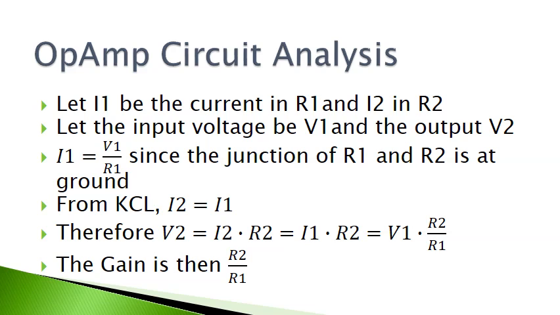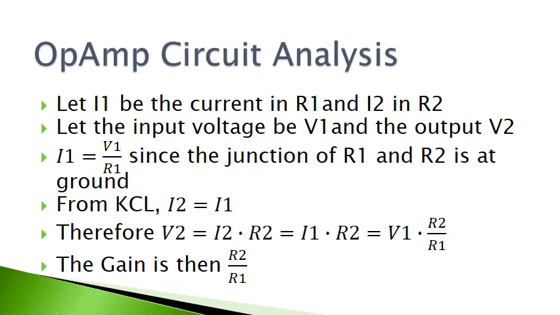Recall that the positive terminal is at ground and the negative terminal is at the same voltage as the positive terminal, so we have this virtual ground. From Kirchhoff's current law, we can observe that I2 is equal to I1. This is, again, because no current flows into the input terminal of the amplifier. So there's nowhere else for that current to go but right through resistor 2.